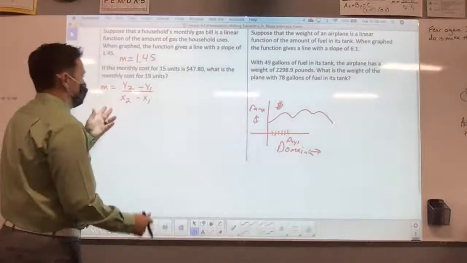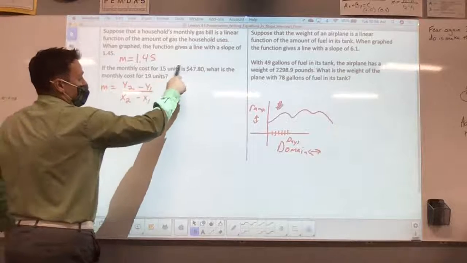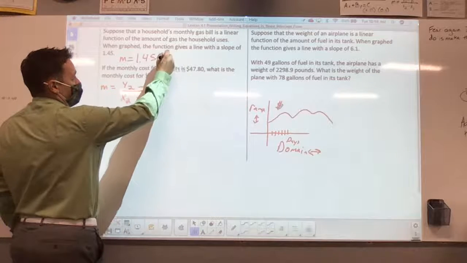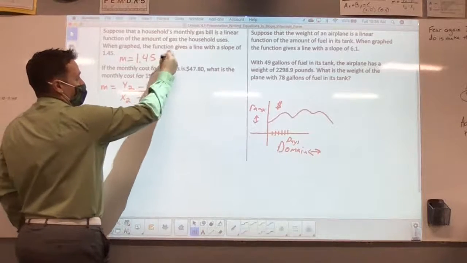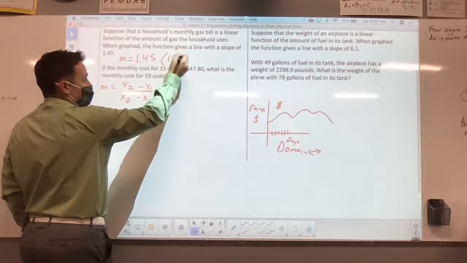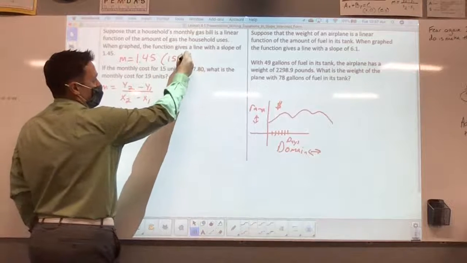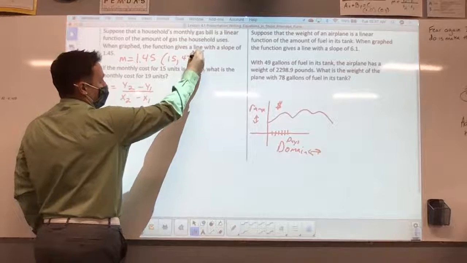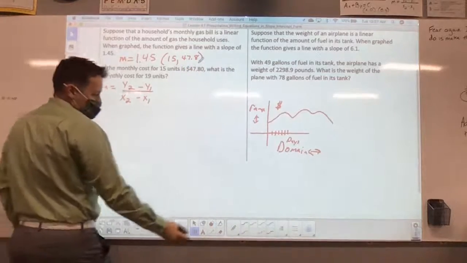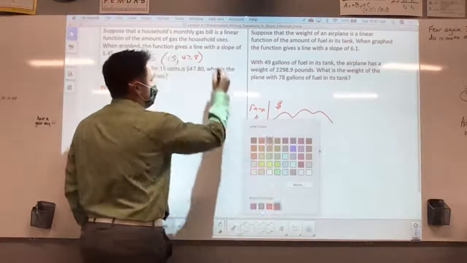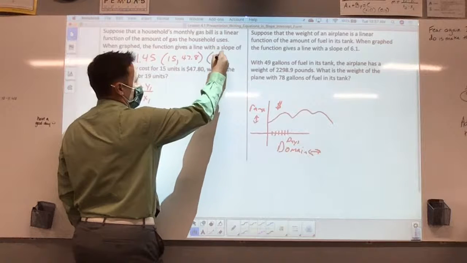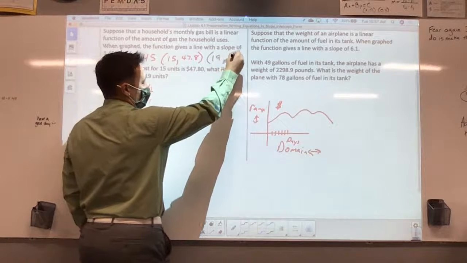Okay, so on this, what you need to understand is that these are actually coordinate points. If you sell 15 units, you would make how much? 47.8. And if you have 19 units, do we know what this number is right here?